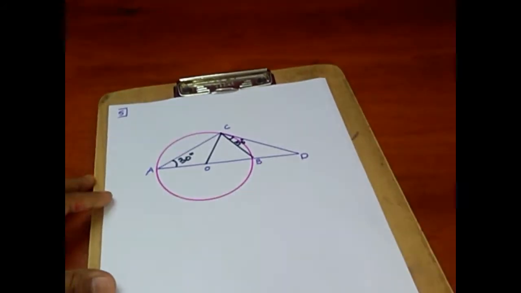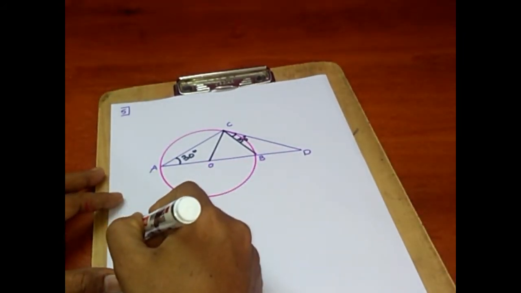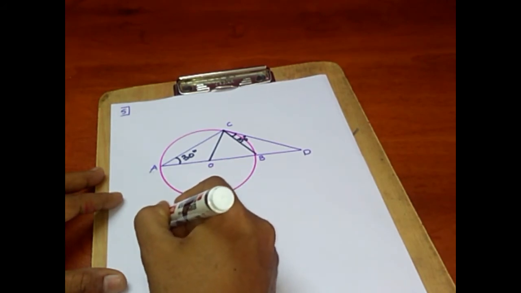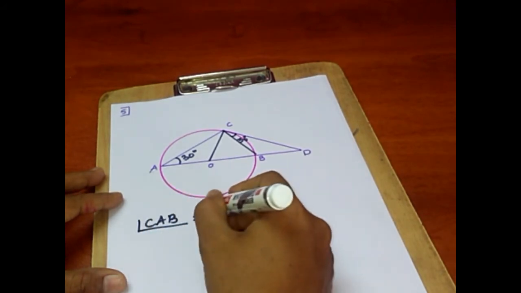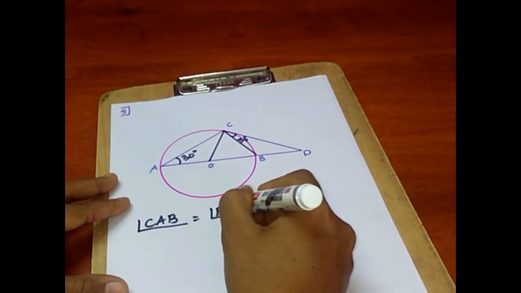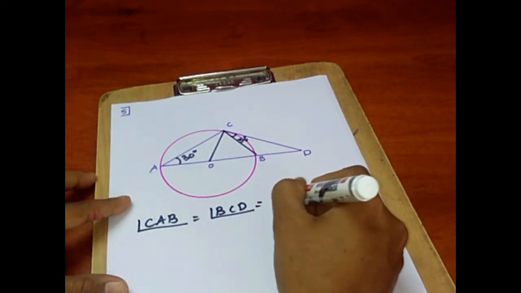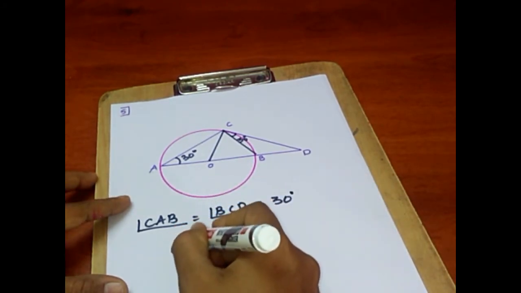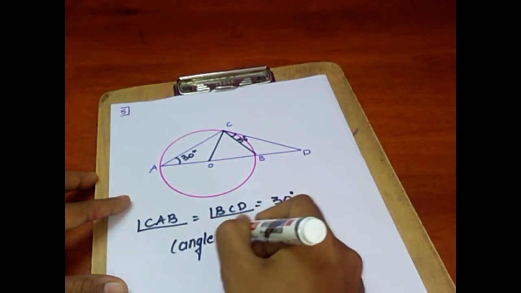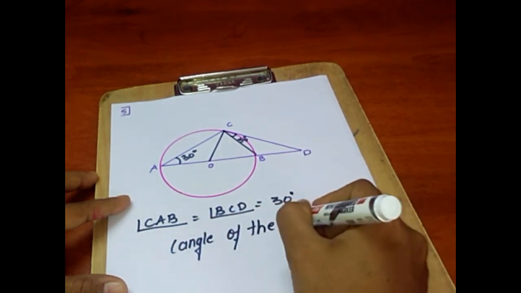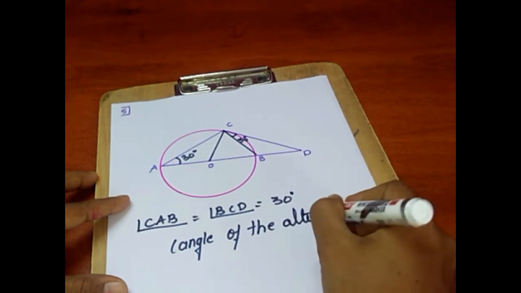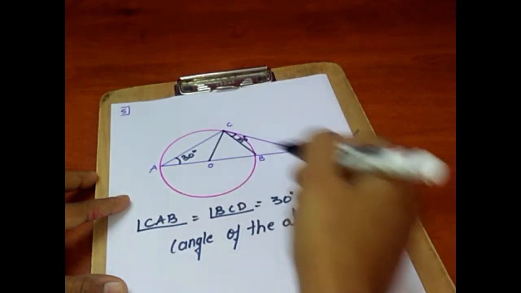That is point number 1. Let us write the same. Angle CAB is equal to angle BCD is equal to 30 degrees, angle of the alternate segment. So write the construction also, what we have joined here.